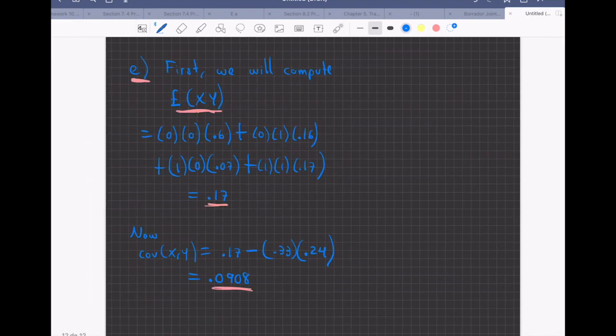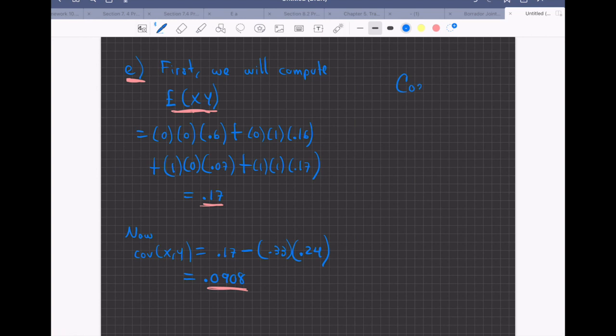Finally, the coefficient of correlation is denoted by the symbol rho, and is equal to the covariance of x and y divided by the square root of the mean of x times the mean of y.